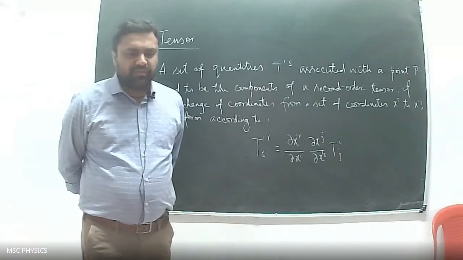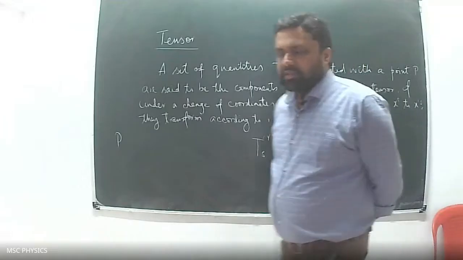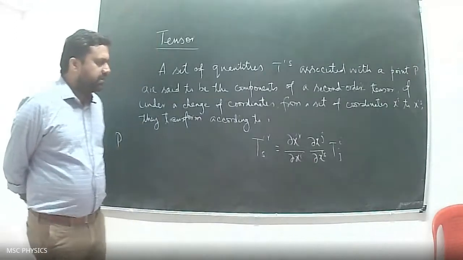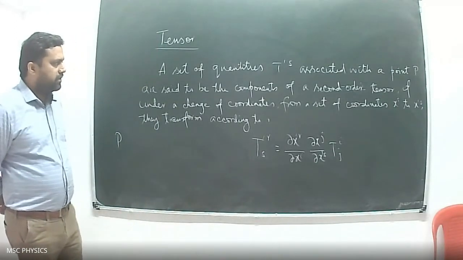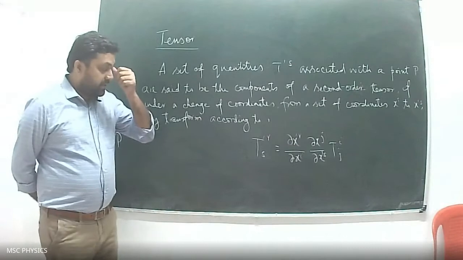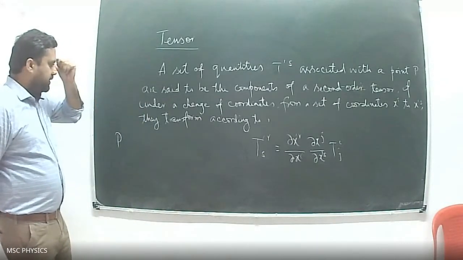Tensor is a component of tensor. Oh, okay. So order we will discuss later. You can note it down. This is for your notes, right? If somebody asks the definition of tensor, this is what you have to write.